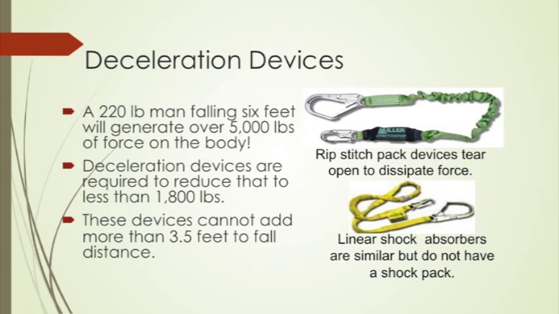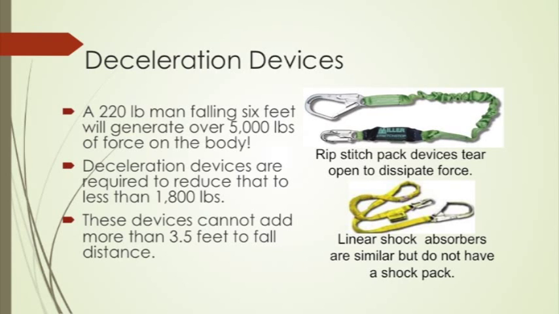Deceleration devices help reduce the sudden stop when falling. A 220-pound man falling 6 feet will generate over 5,000 pounds of force on the body. Deceleration devices are required to reduce that to less than 1,800 pounds.